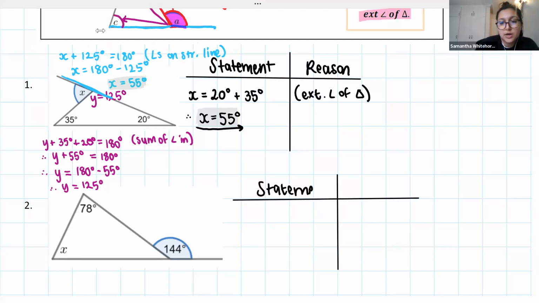So I want you to try question 2 for me. And remember, we know that the angle outside our triangle should be equal to the two opposite ones added together.